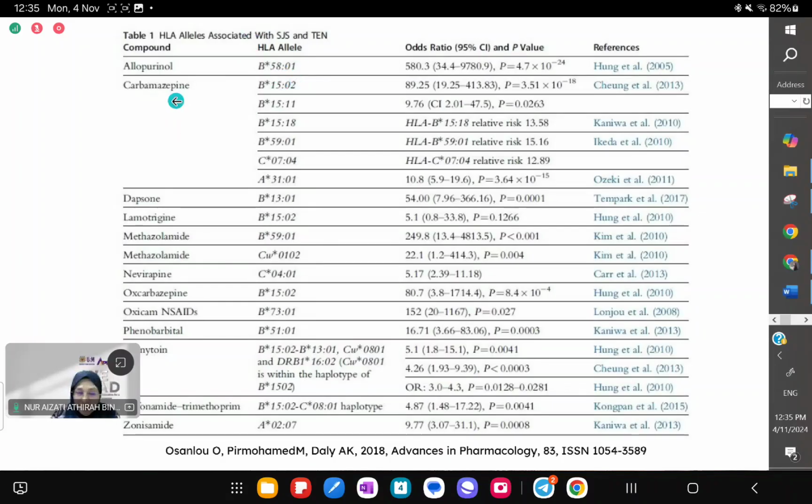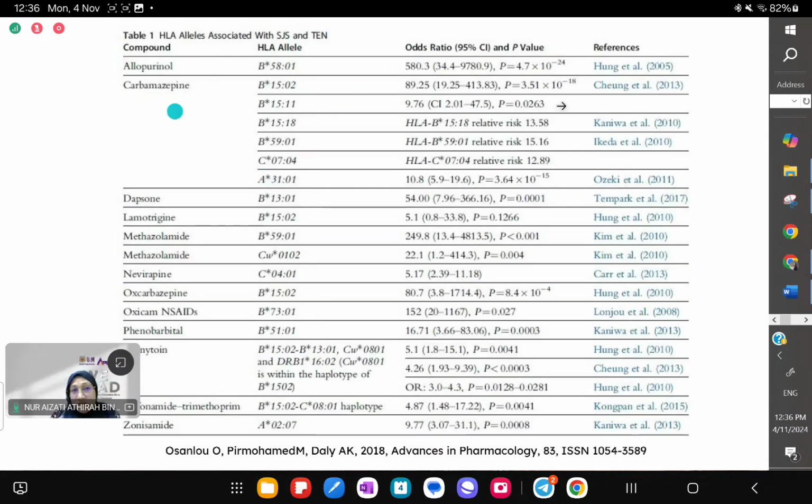For carbamazepine, the one that we will see an example of shortly, mainly HLA-B*1502, and also HLA-A*3101. If you can see here, the first row and also the last row.